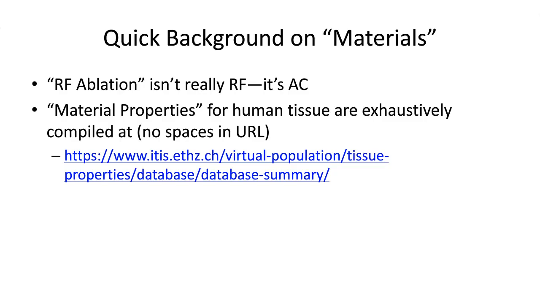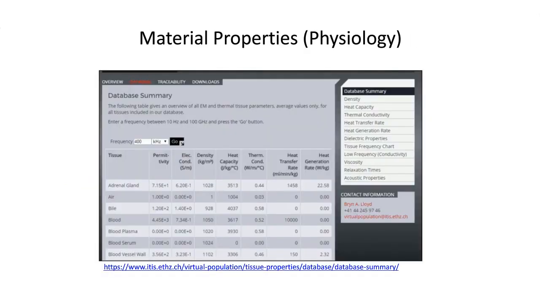And as I said before, everything you need to know about the tissues to run these simulations is compiled in an extraordinary database that's maintained somewhere in Switzerland. This is the URL to that database. And I'll show you what the site looks like. This is a list of all the tissues alphabetically.